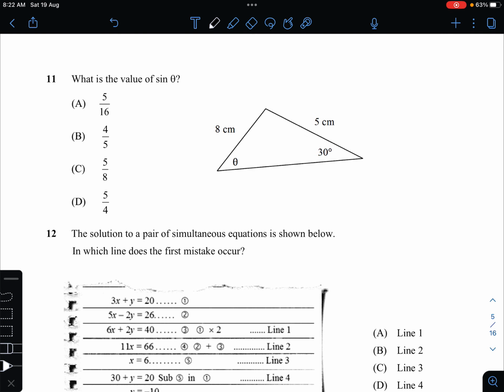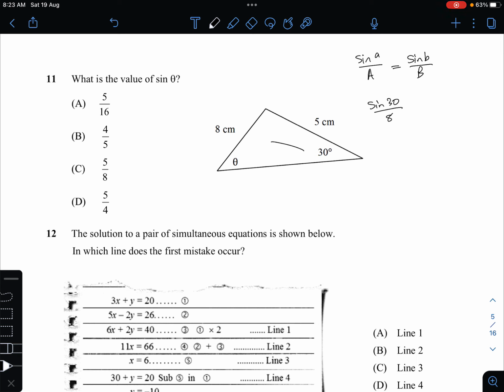Question 11, what's the value of sine theta? This looks pretty obviously to be sine rule, which is just sine A on A equals sine B on B, right? So in this case, sine 30 on 8.